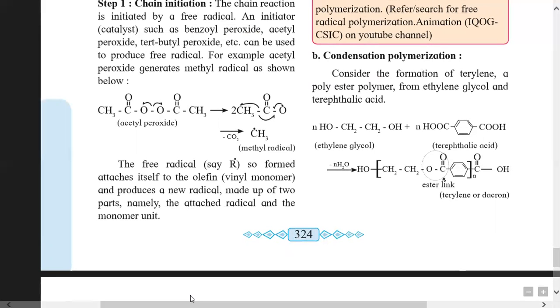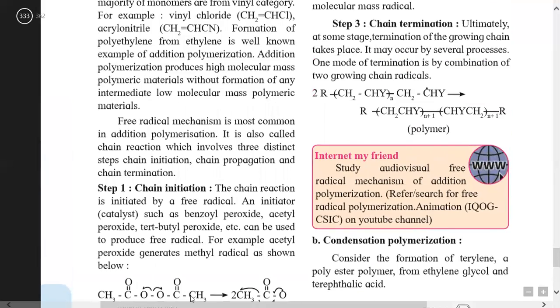In short, it is called an alkyl free radical. This gets attached to an olefin. Olefin means alkene, here a vinyl monomer, and produces a new radical which is made up of two parts, namely the attached radical and the monomer unit.